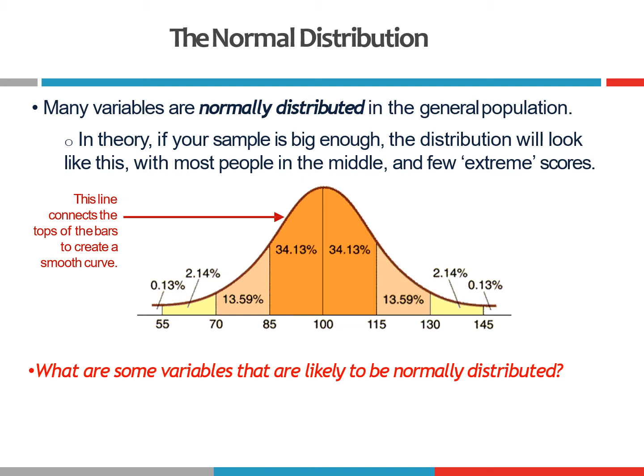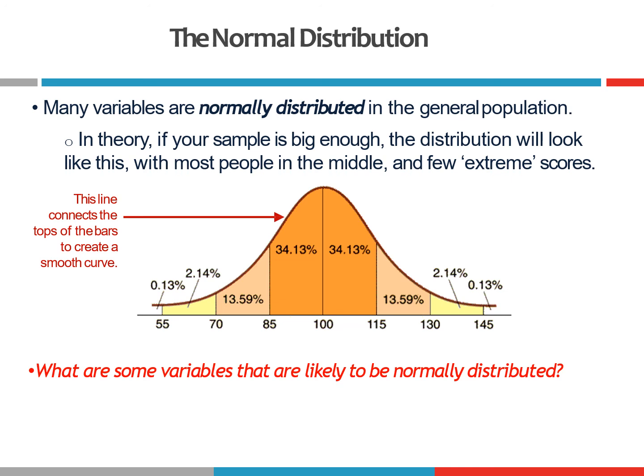Okay. So what are some of the variables that are likely to be normally distributed? Well, there are a lot of characteristics of the population that fall within that normal curve or bell curve shape. So for example, things like height and weight and IQ and often exam scores are going to approximate the normal curve, right?